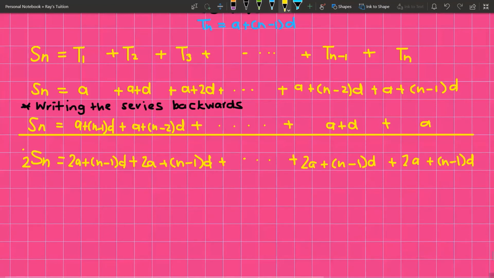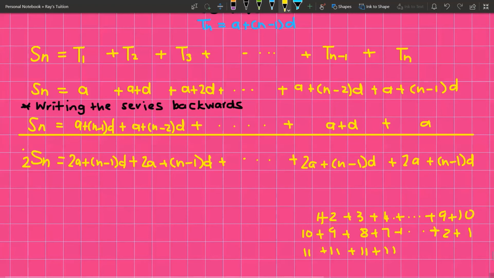If this is a bit confusing, think of a normal arithmetic series like 1 plus 2 plus 3 plus 4 until 9 plus 10. If we write this backwards, starting at 10 plus 9 plus 8 plus 7 down to 2 plus 1, and add, we get 11 each time: 1 plus 10 is 11, 2 plus 9 is 11, 3 plus 8 is 11, 4 plus 7 is 11.